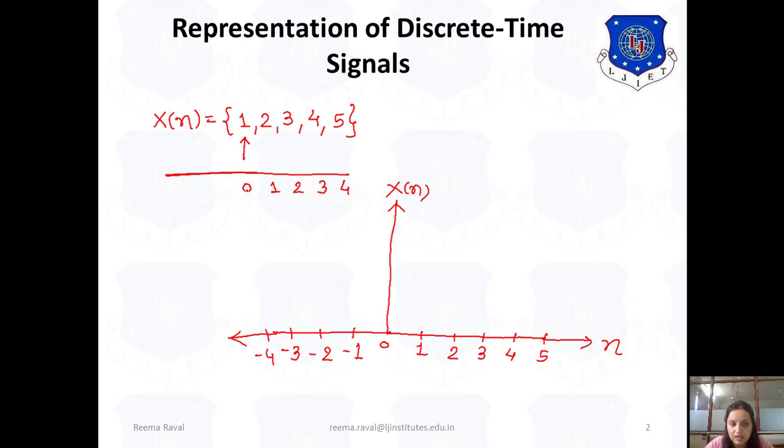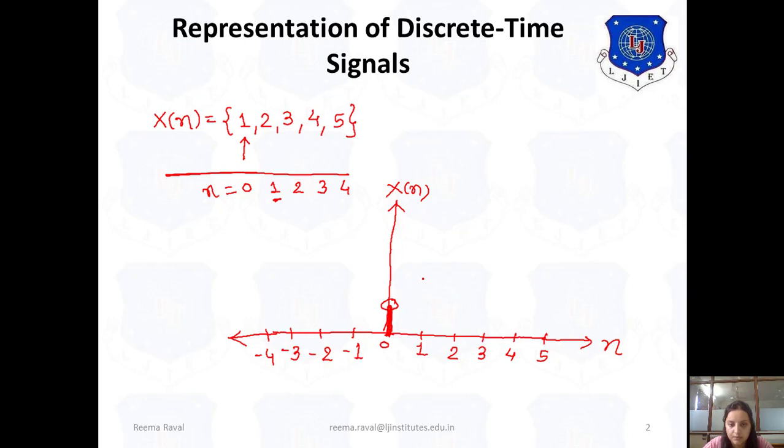That means at time instant n equals 0, its value is 1. So how can I plot this? Here the 0 time instant has the value 1, right? Then at n equals 1, its value is 2.